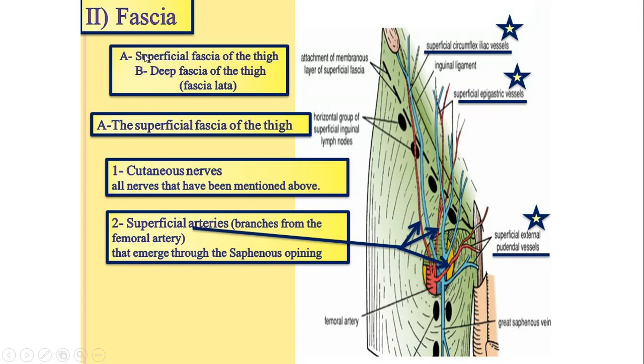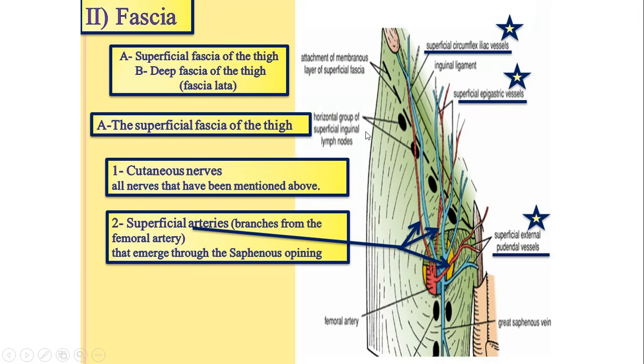The superficial fascia is mainly the fatty layer of the fascia, and here lie the cutaneous nerves and also the superficial arteries and veins.